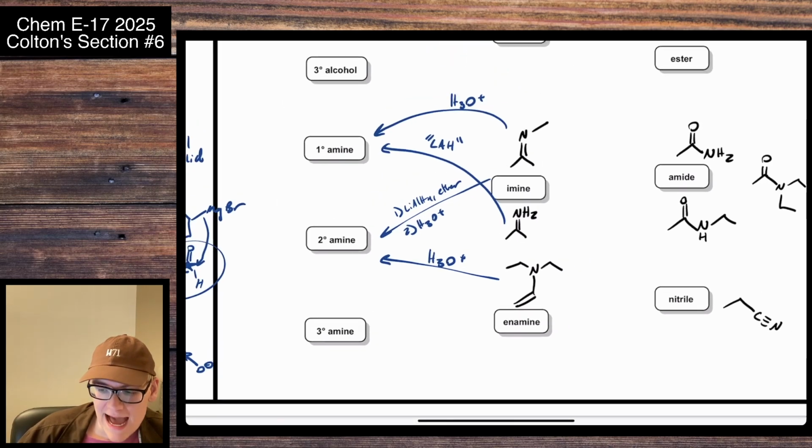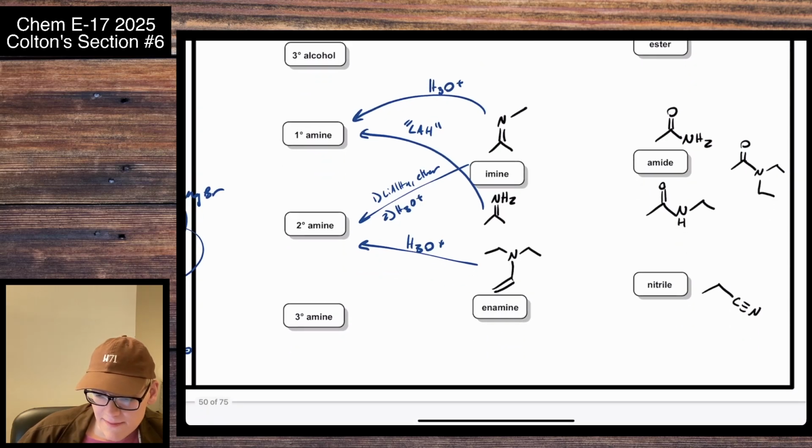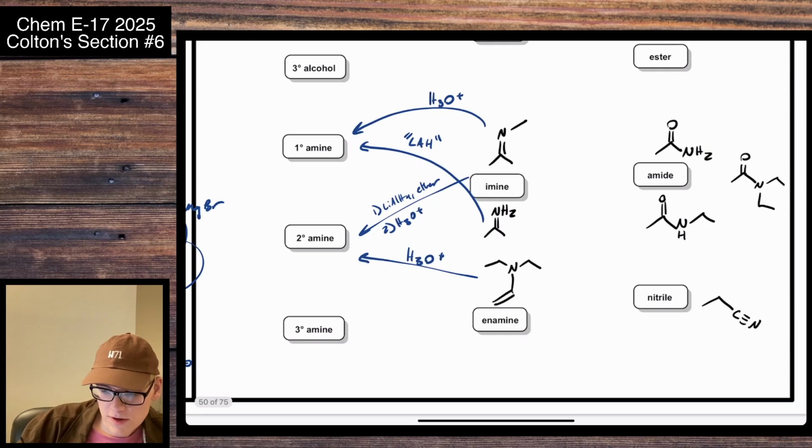But then we have our LAH reductions. With an amide, it depends on what our starting material looks like. If our starting material amide had NH2 on it, then when we reduce the amide, we're essentially just erasing the carbonyl. So now this nitrogen has 1 carbon attached to it, so it's a primary amine.